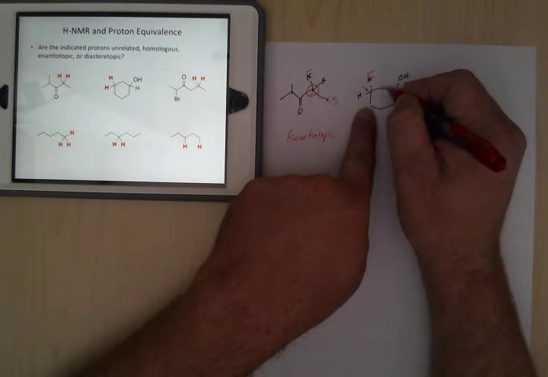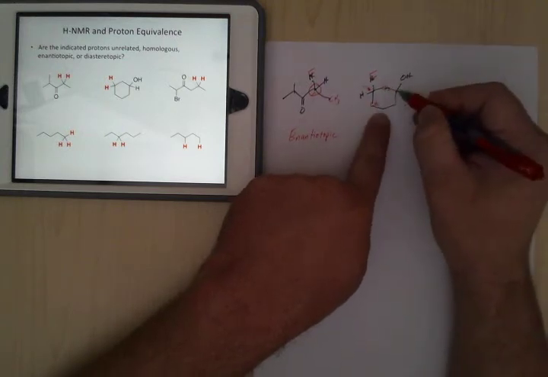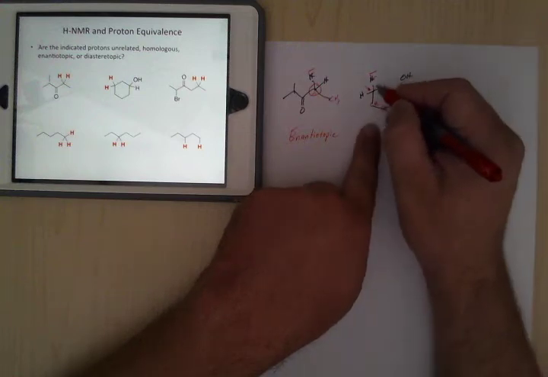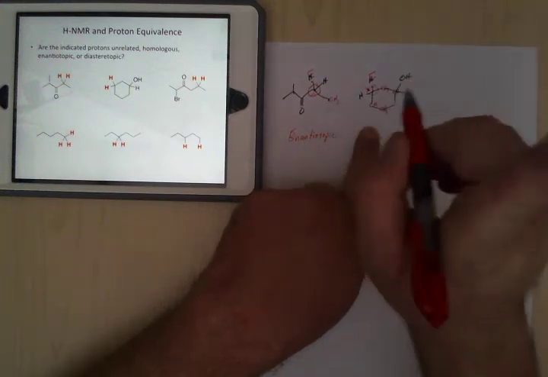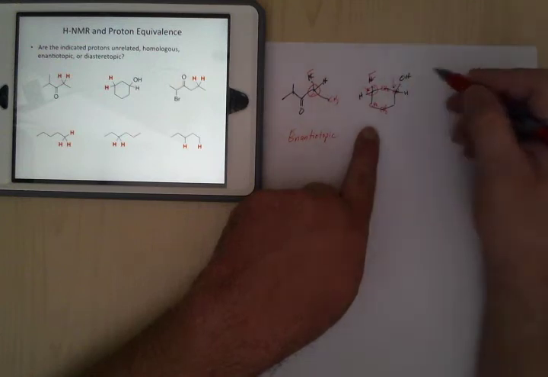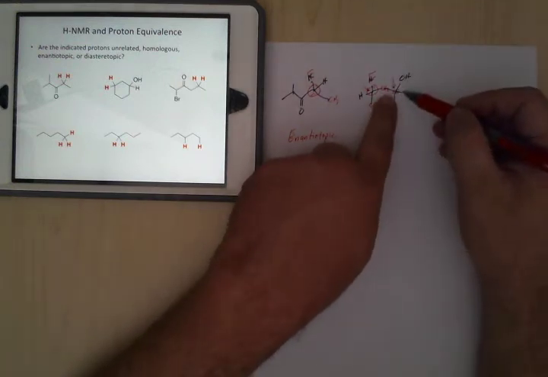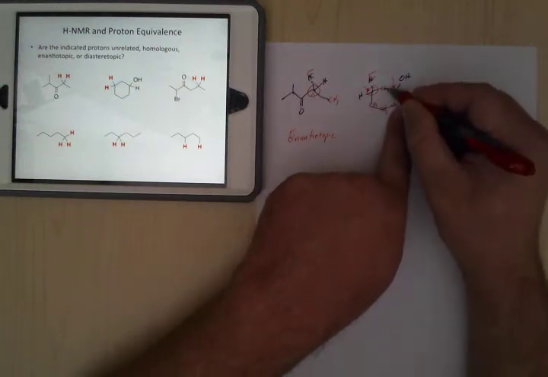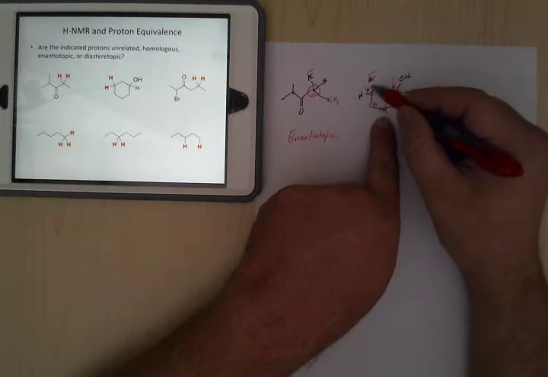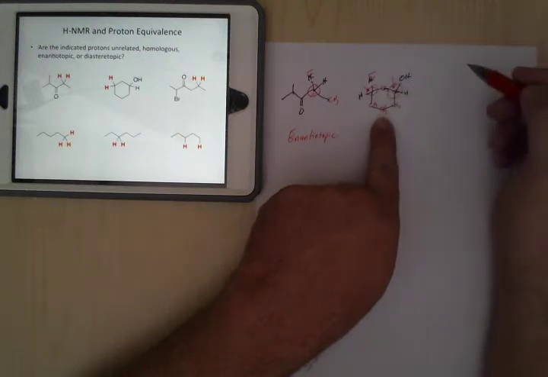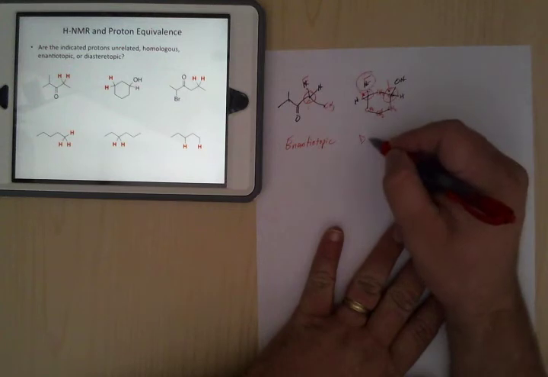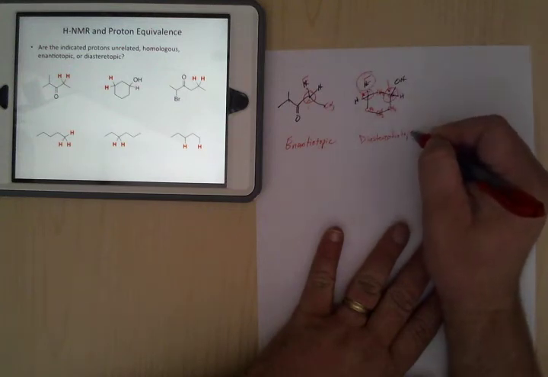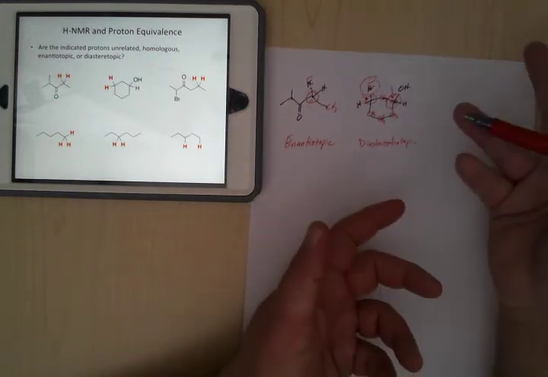Now you go out and you have a CH2, and now you have a CH because it's got that hydrogen. So now you've created a chiral center. Aha! But you've also created a chiral center there too. If you go backwards, you have a CH, oxygen H, CH2, CH2, CH2, now it's a CH with a fluorine on it. So actually now you've created two chiral centers. So this guy here is actually diastereotopic, because now you have two chiral centers in the molecule.